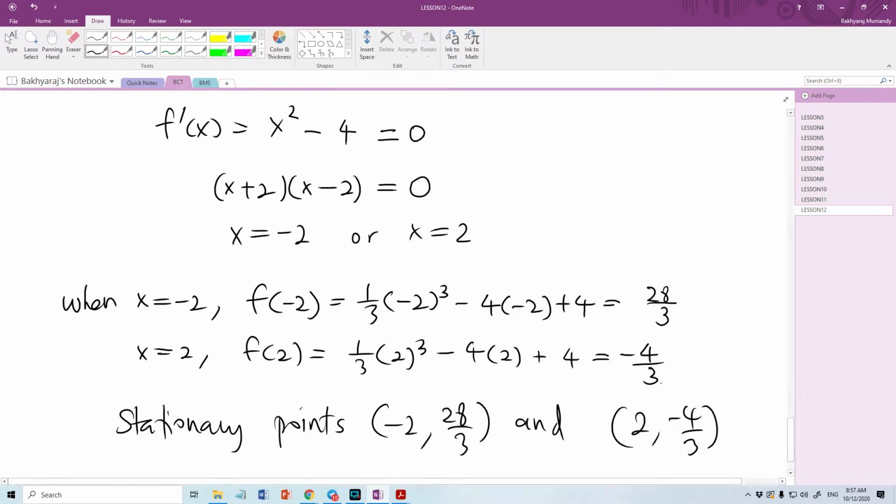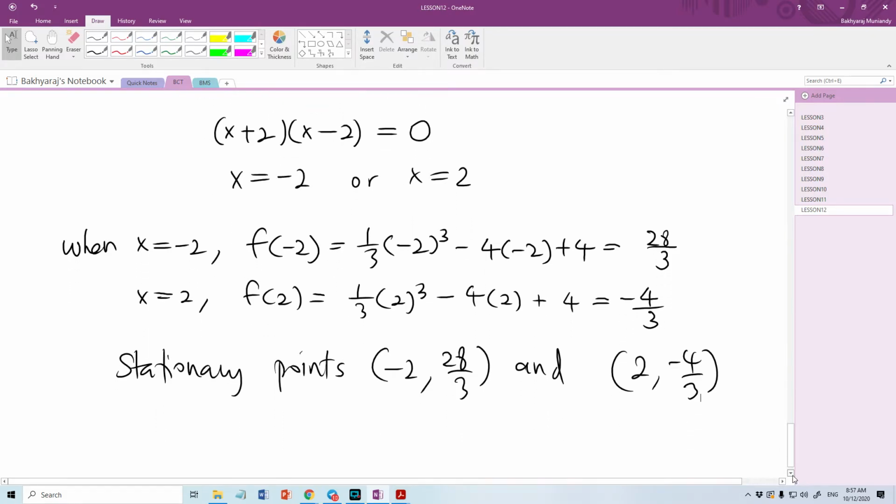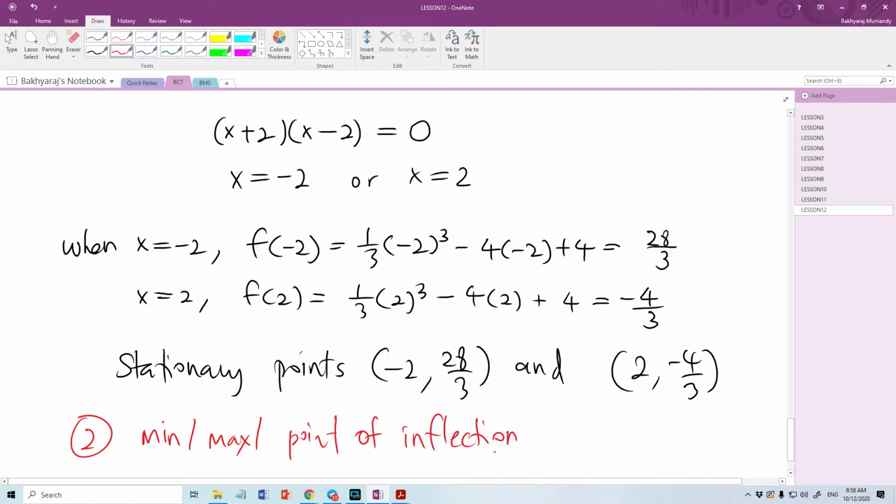Okay, now go for the minimum maximum point. Come, you try to get which one is minimum, which one is maximum, and which one is point of inflection. Try to figure this out. Okay, cuba cari ni.